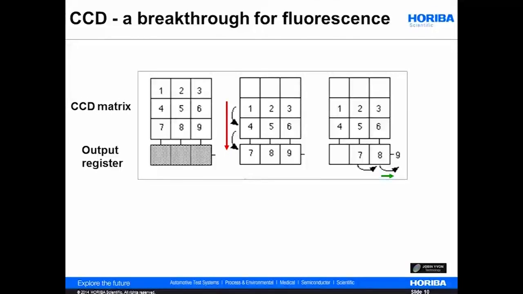The first function is based on the photoelectric effect. The light absorption in the silicon network of the CCD generates photoelectrons in proportion to the number of incident photons. The latter are immediately collected in pixels, closest to where the photons fell on the chip.